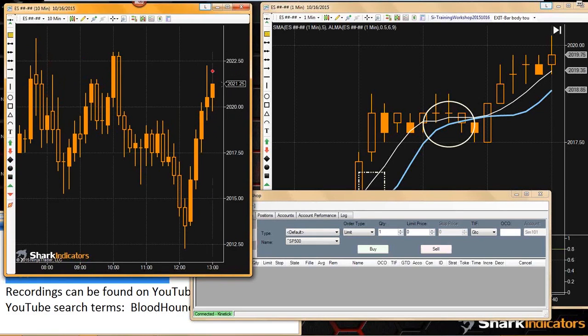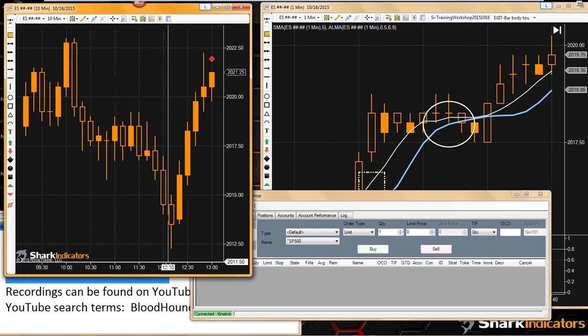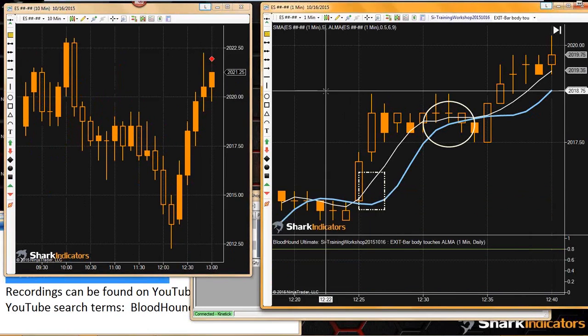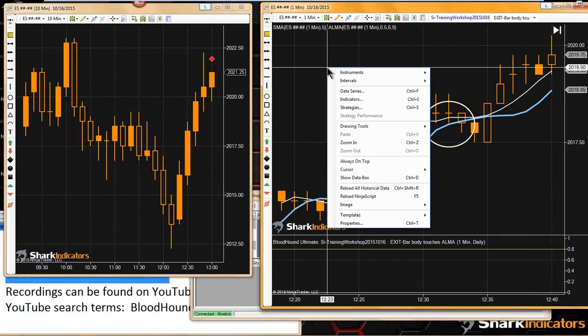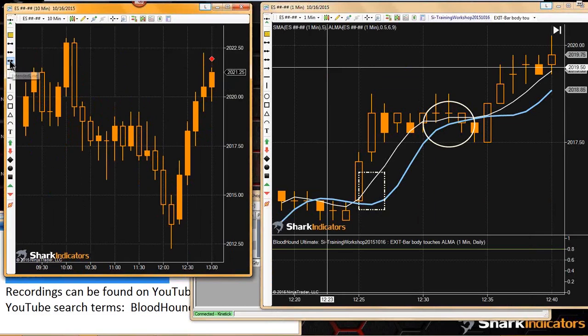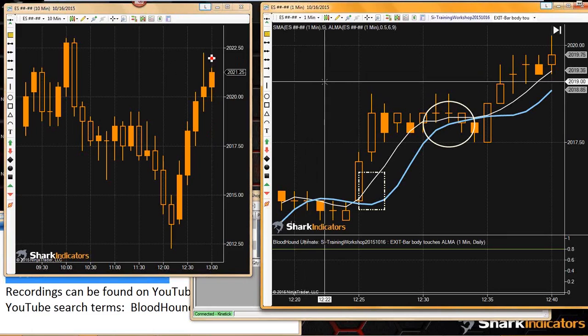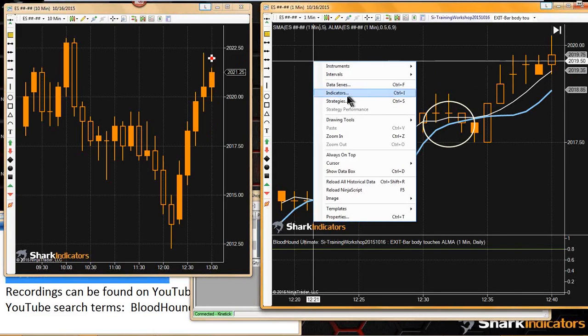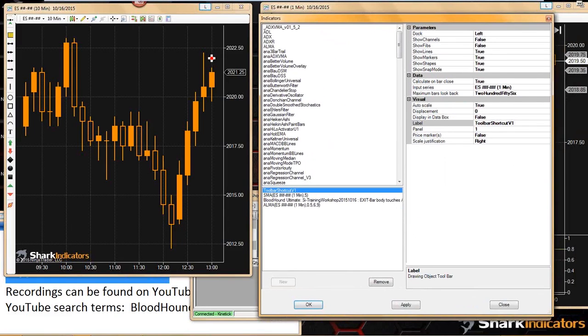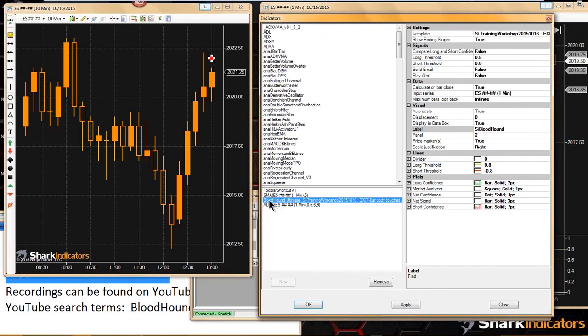This bar here is still building. So the answer to Marcy's question, whether she has access to this bar that's building when using multiple time frames, all depends on the NinjaTrader setting, on how you have BloodHound set.